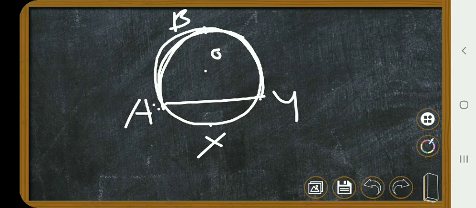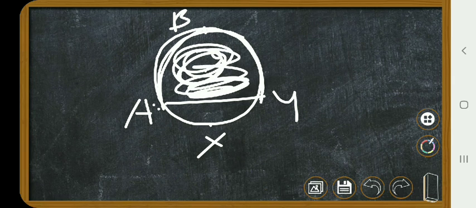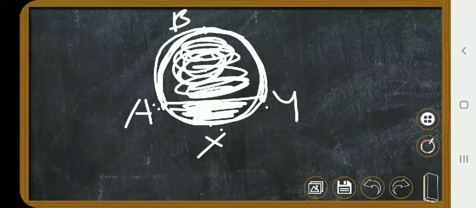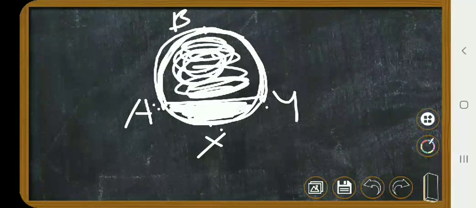This ABY is called a major arc as it covers a lot of the circular part, so it is called a major arc. And this AXY covers only a small part of the circle, so it is called a minor arc.